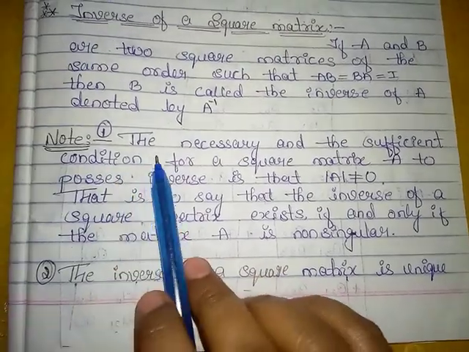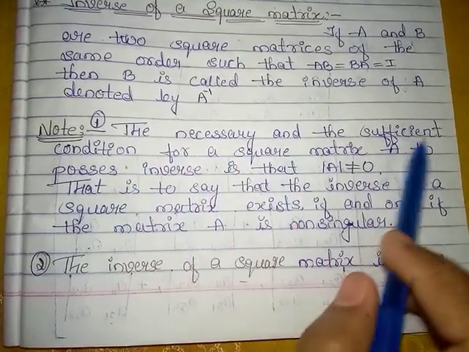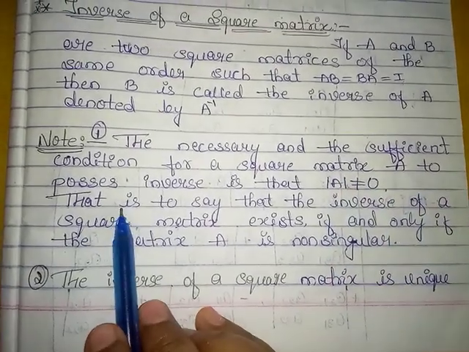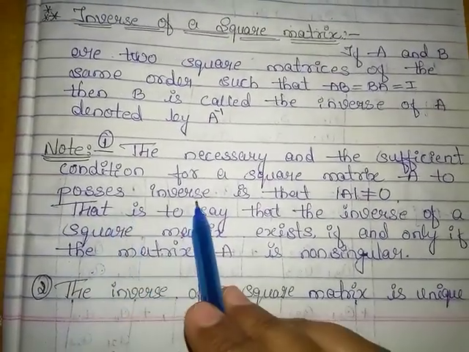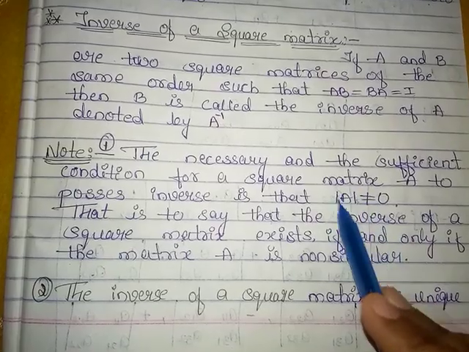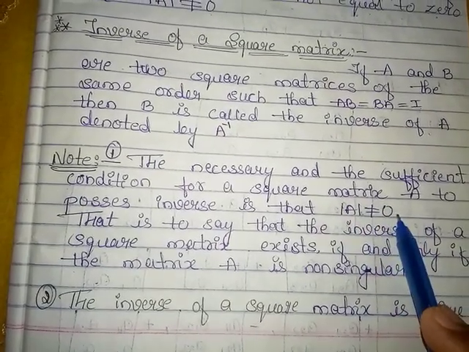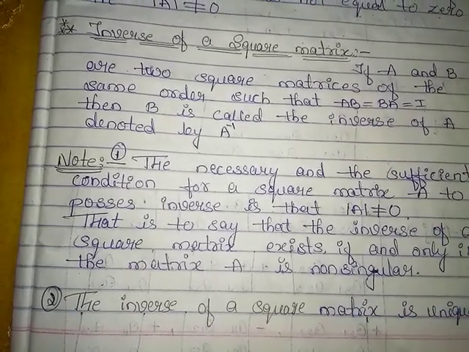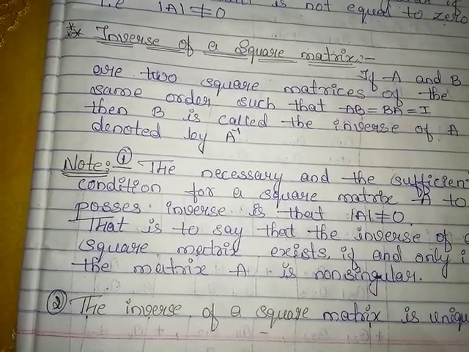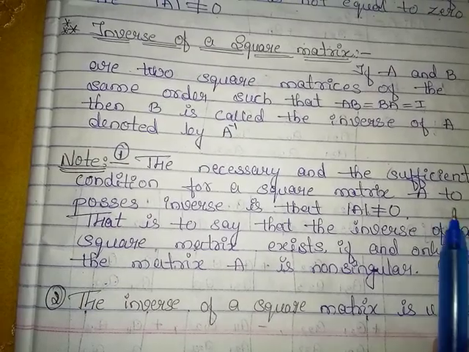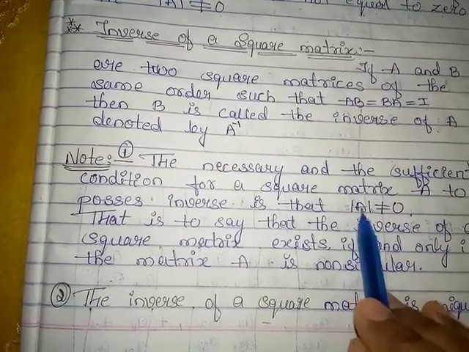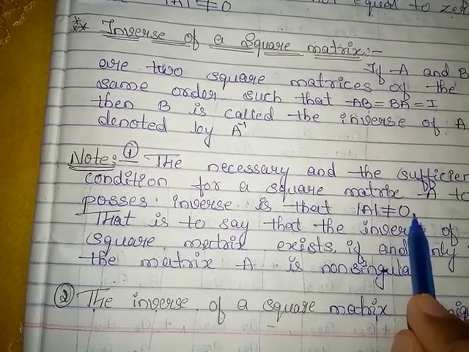Note, the first point is the necessary and sufficient condition for a square matrix A to possess an inverse is that the determinant of A is not equal to 0. It means the necessary and sufficient condition for the existence of A inverse is that the determinant of the matrix A is not equal to 0.